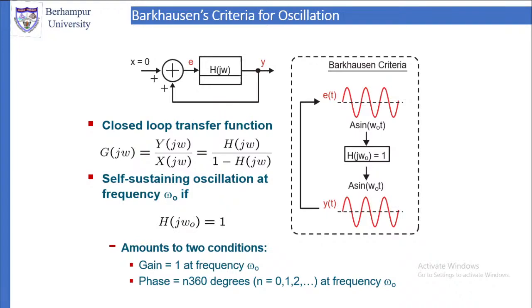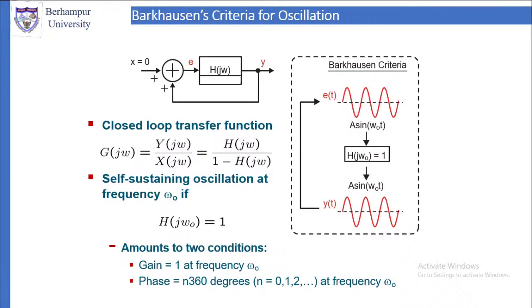For self-sustaining, once the oscillation has started, now to sustain the oscillation, for the continuation of the oscillation. Sustaining means continuation. Self-sustaining means continuation of oscillation without any external interference. So on its own, it will continue to oscillate.